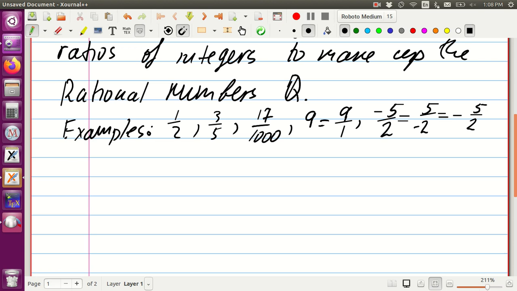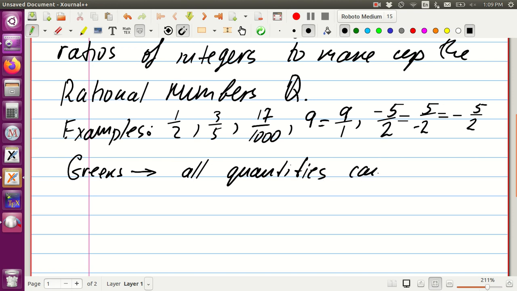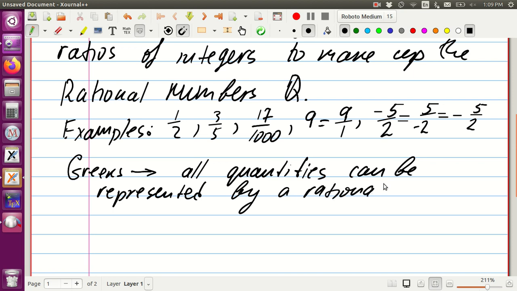What happened with rational numbers in the old times? The Greeks, who are famous for their development of mathematics, thought that all quantities in the world can be represented by a rational number. That's what they believed in.